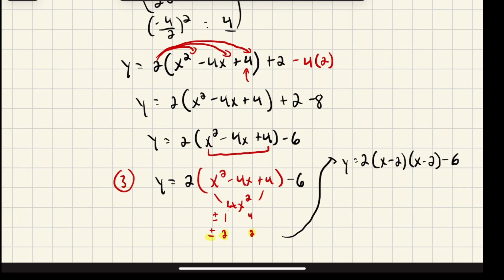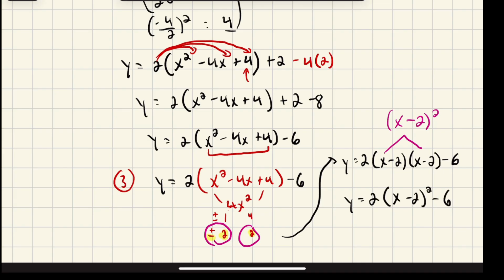Now, I didn't show the full grouping over here, but if I did show it, you would get x minus 2 and x minus 2. And this is a perfect square because I got two of the exact same factors. I could rewrite that as follows. And so if I rewrite this fully, that's y is equal to 2 times x minus 2 squared minus 6.